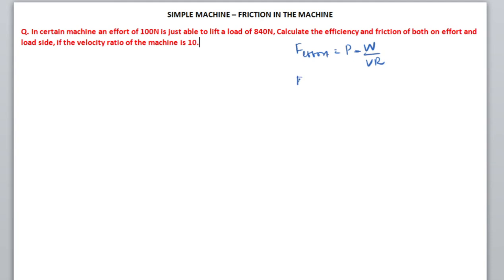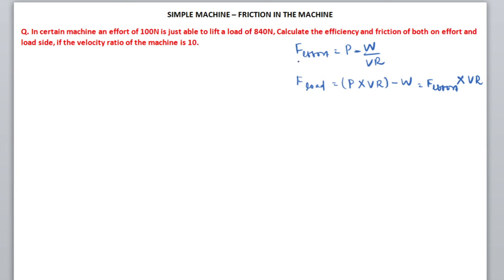Then what is the formula for friction in terms of load? This formula is P into VR, bracket, minus W. That means whatever value you will get multiplying effort with velocity ratio, with that you need to subtract W. W is the load lifted, or else you can use the formula with friction effort into the velocity ratio.